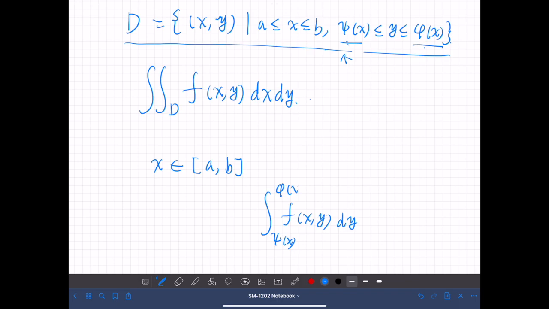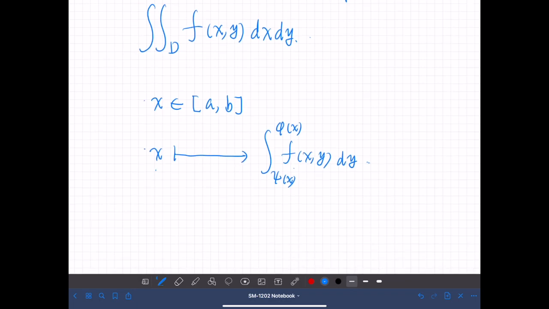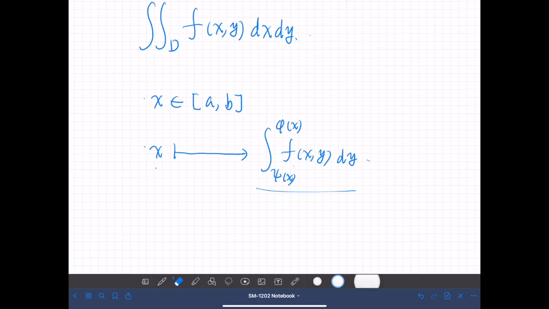Since x is fixed, this has a fixed value. Of course, this is integrable. So we can define a function that maps a value of x to some real number. So this defines a function. So let's consider now this as a function of x.